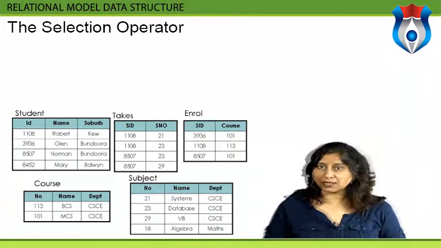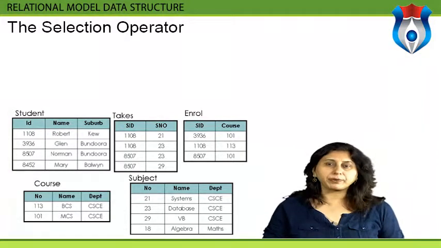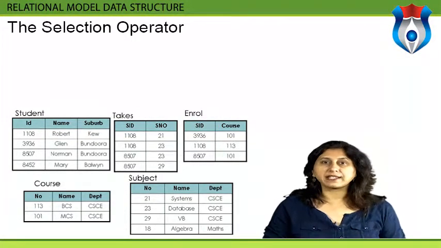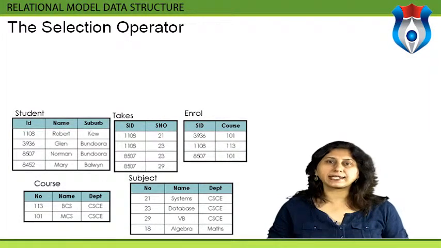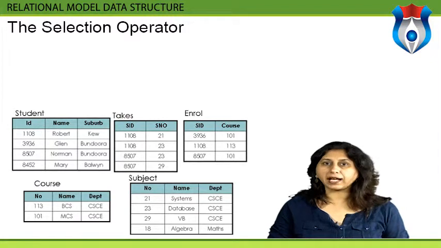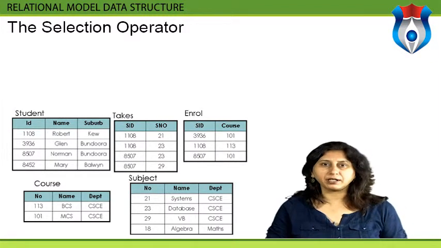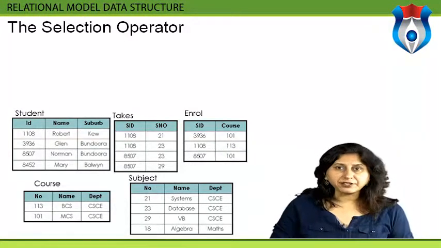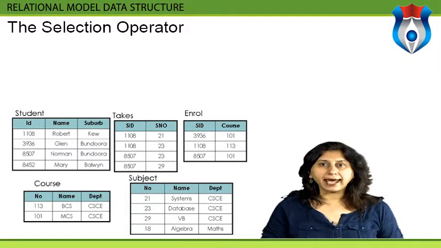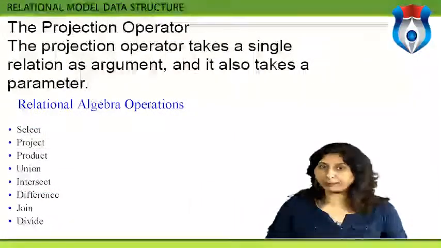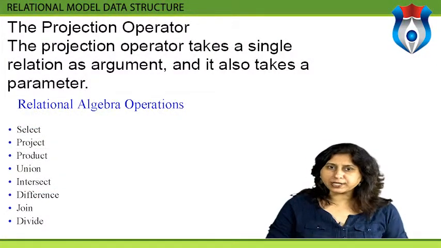For this purpose, we write the selection operator sigma C of R, where sigma, Greek lowercase sigma, is the symbol for selection, C is the condition, and R is the relation operand. The condition C is allowed to have operands that are attributes from the scheme of R as well as constants, whereas the selection operator makes a copy of the relation with some rows deleted.